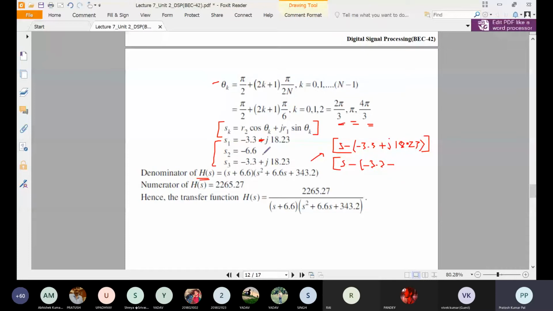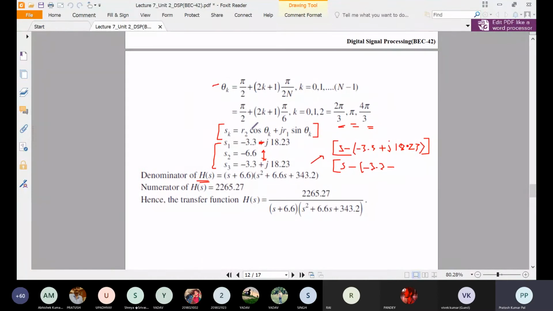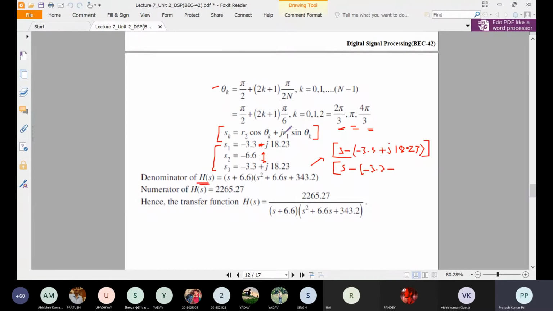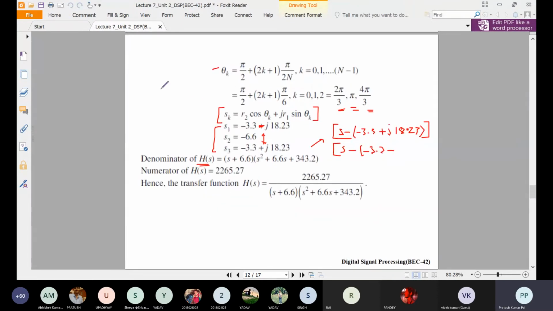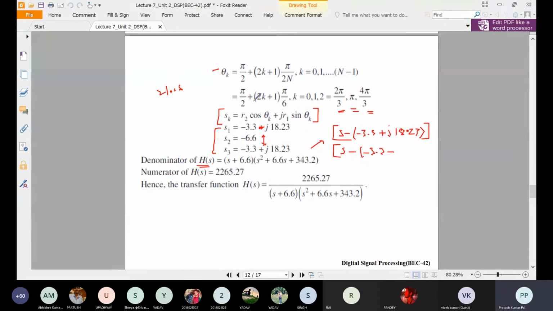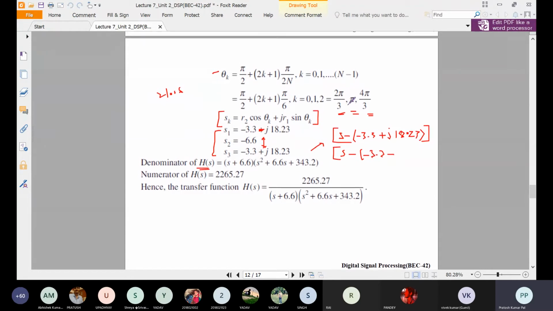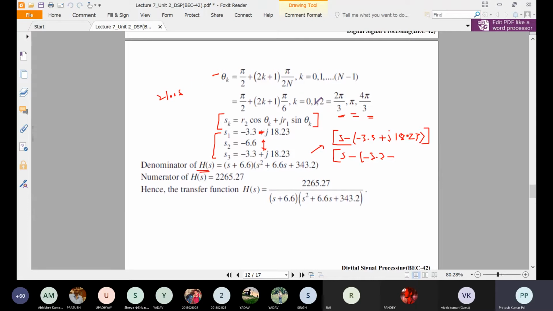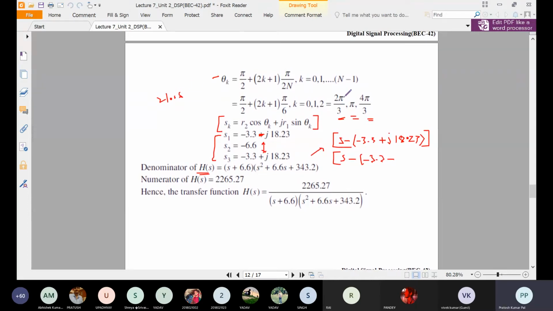We will be making sure, so let me check. This value is okay. This is j r1. What was r1? R1 was 21.06 into sine k. The first value of k is sine 2 pi by 3.